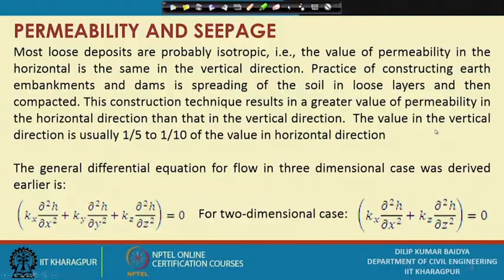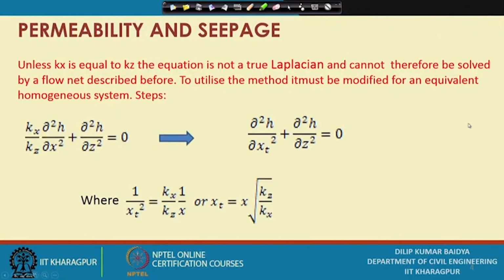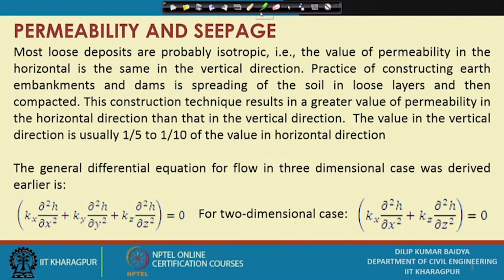Because of that, it is seen that the permeability in the horizontal direction and the permeability in the vertical direction are not the same, they are significantly different. In fact, the value in the vertical direction is usually 1/5 to 1/10 of the value in the horizontal.